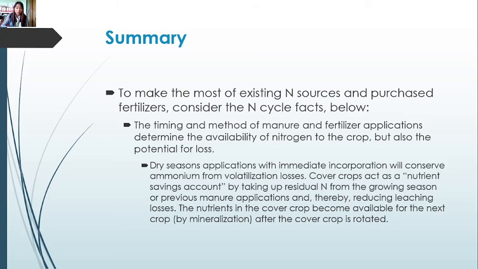And then, during dry seasons, immediate incorporation will conserve ammonium from volatilization losses. Cover crops act as a nutrient savings account by taking up residual nitrogen from the growing season of previous manure applications and thereby reducing leaching losses. The nutrients in the cover crop become available for the next crop by mineralization after the cover crop is rotated.